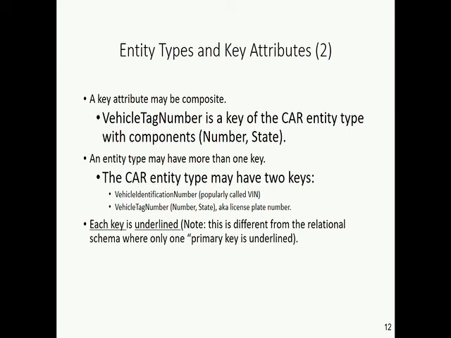Right? So each key is underlined. Now we have different underlinings. They indicate here that in a relational schema you have a primary key and it's underlined, which is true, and we stick to that.